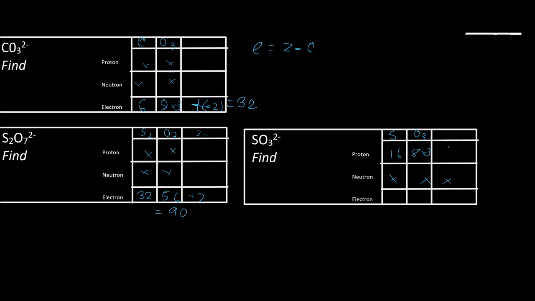And then, oh, there's a charge. What do we do with the charge for the protons? Well, we ignore that. So this becomes 40. Now, if it was not charged, the number of protons and the number of electrons would also be 40. But since it is charged, we have to take that into account. So it's going to be 40 minus 2. Where do we get this equation from? Well, it's again Z minus C. So this becomes 42.